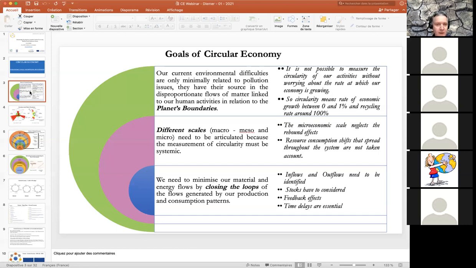For example, if you try to balance a wind power, if you produce energy with wind powers, you have to build the wind power, but you have to imagine the life cycle analysis. How much time is this wind power going to produce energy, and which kind of technology are you going to use to produce? So time delay is very important, and it's very hard when you try to measure different quantities, which are not the same.